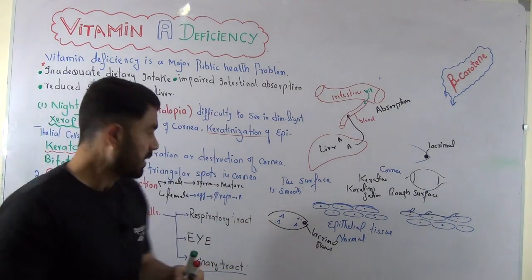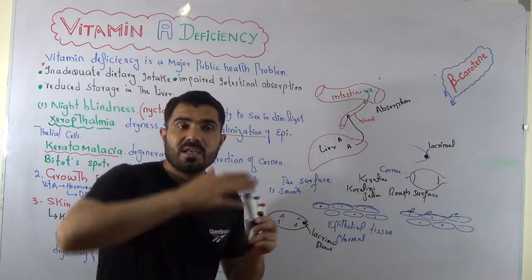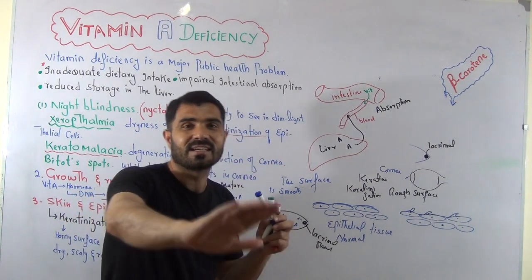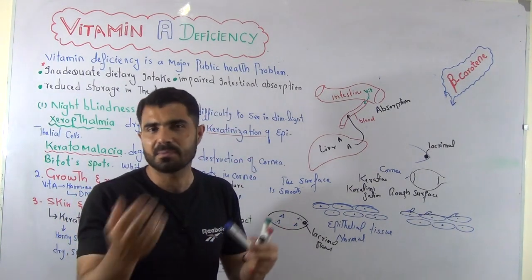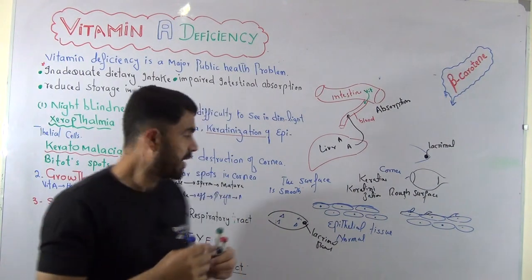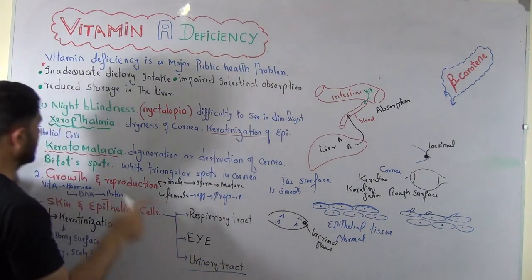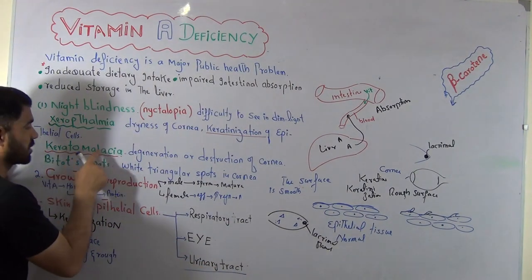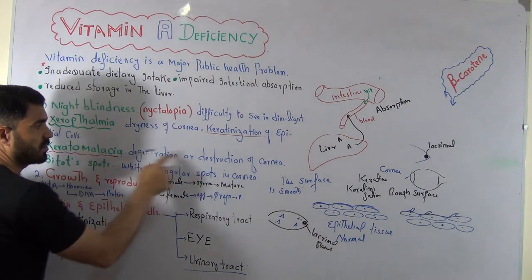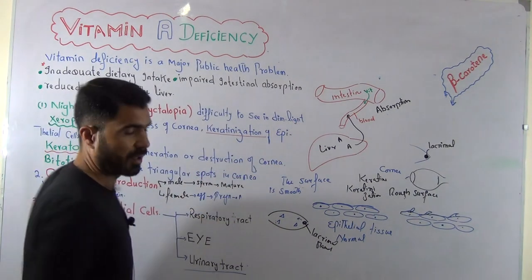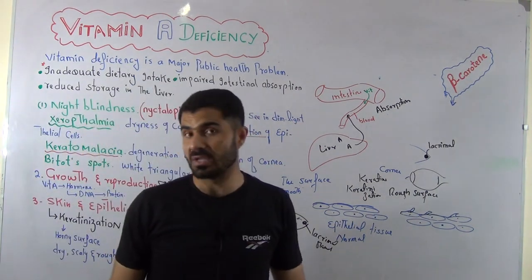And the cornea will start degenerating. Degenerating means breakdown. Simply, the cornea will break down. Once the cornea is broken down, this condition is called keratomalacia, degeneration or destruction of the cornea. It's very difficult to see then.